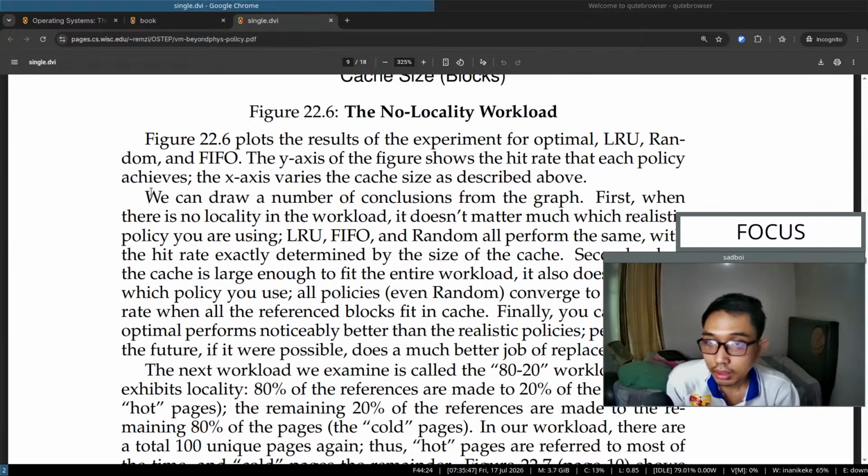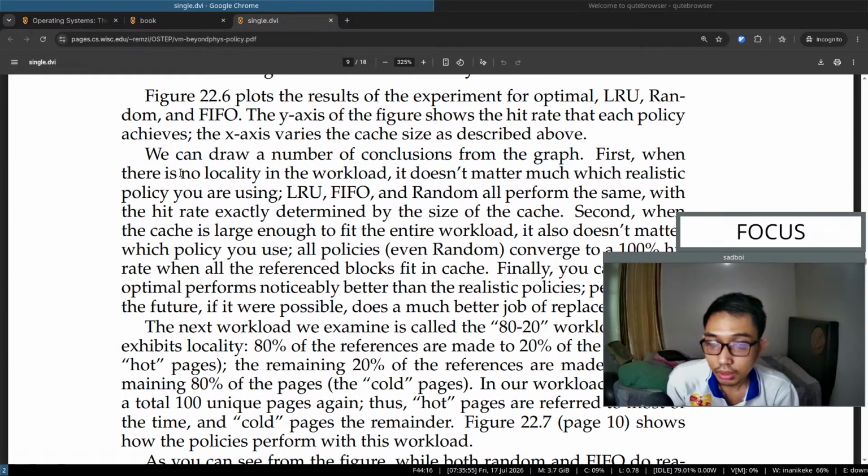We can draw a number of conclusions from the graph. First, when there is no locality in the workload, it doesn't matter much which realistic policy you are using.